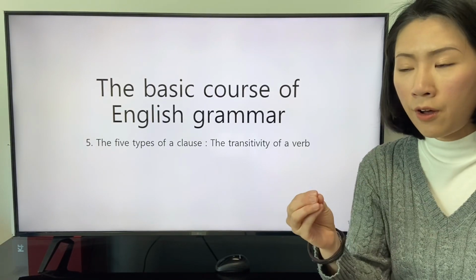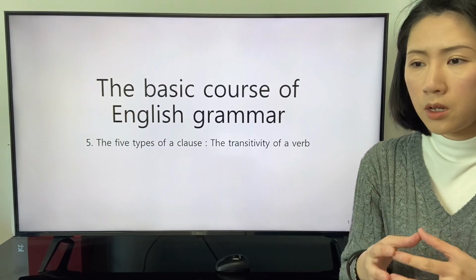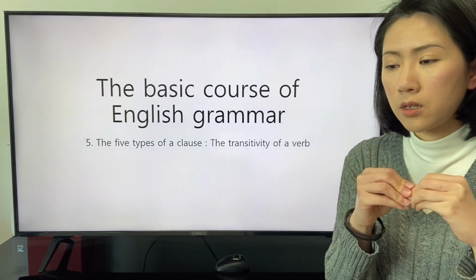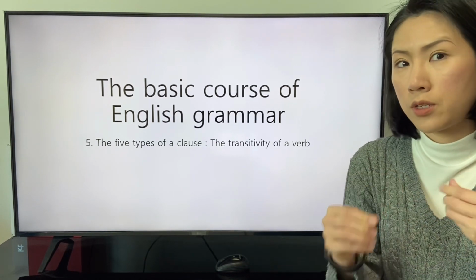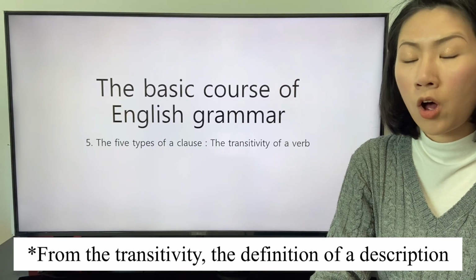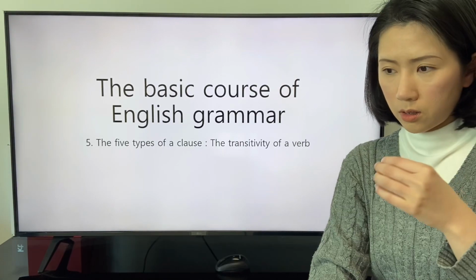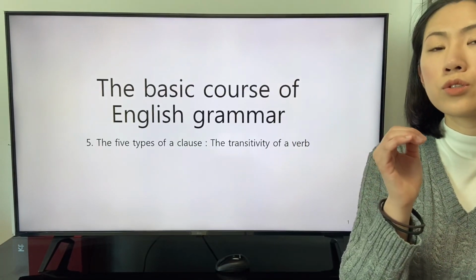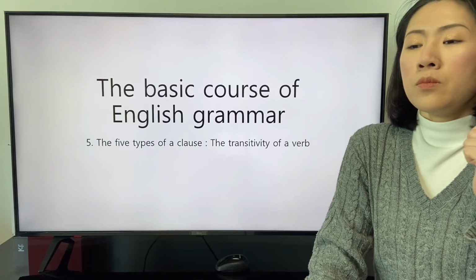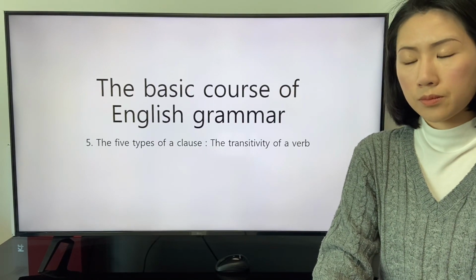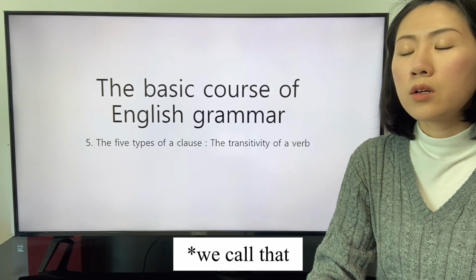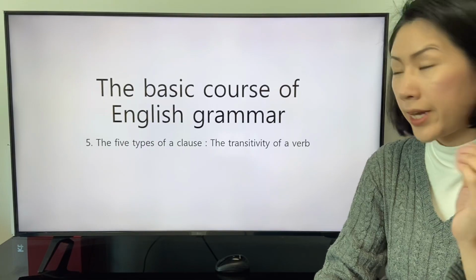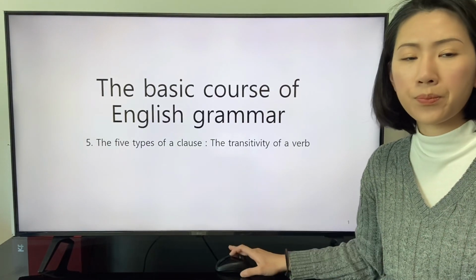The transitivity of a verb indicates the trait of a description that is conveyed from the subject to the object. Then the description has the trait of the transitivity.